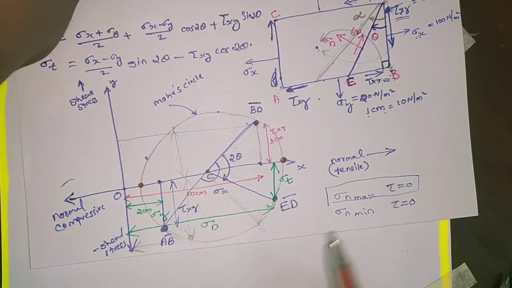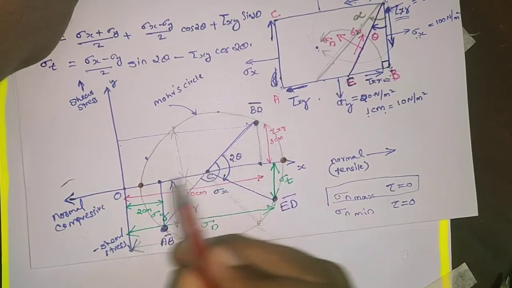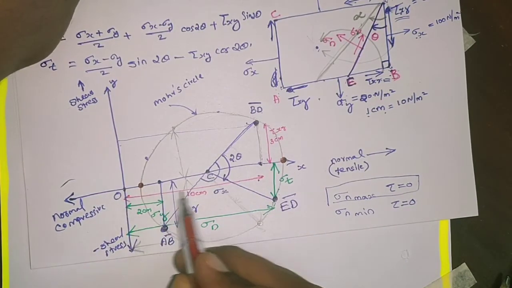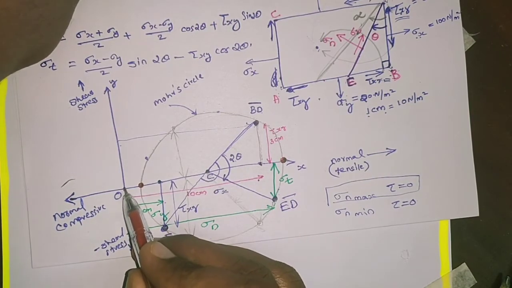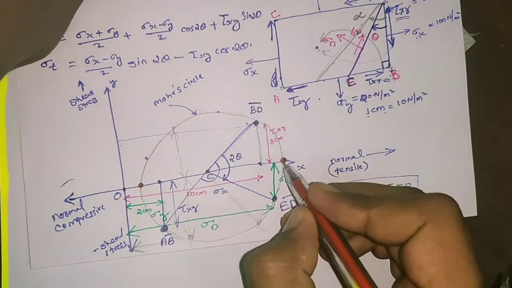One more condition, sigma n is maximum. What is sigma n? Sigma n is measured along the x direction from the origin. So here we represent sigma x, here we represent sigma y. That is the distance from the origin in the positive x direction or negative x direction. So where is sigma n maximum on this Mohr Circle? At this point.